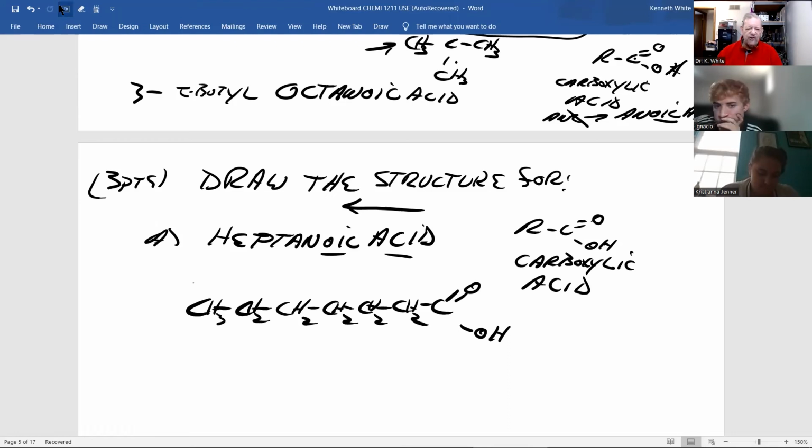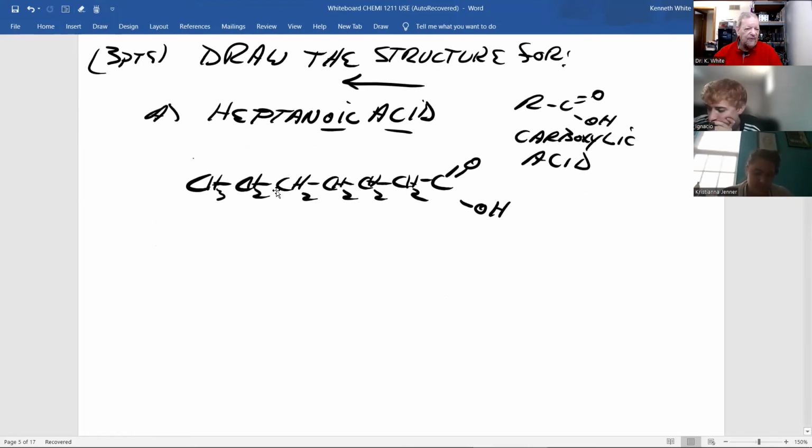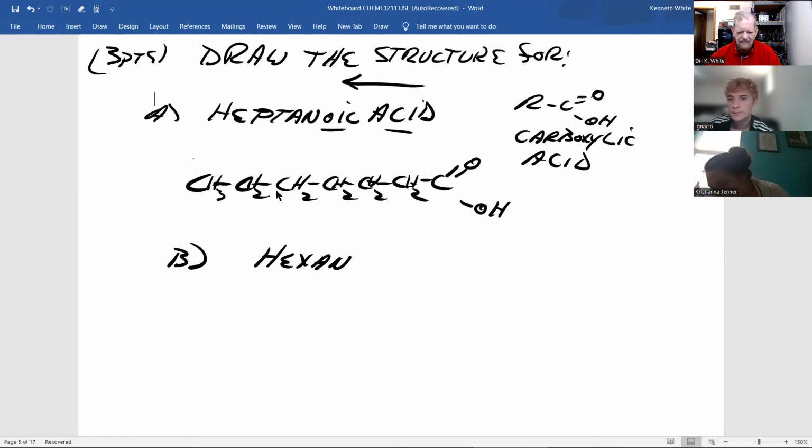And if there were an alkyl group there, I'd put it there. So why don't you draw the following molecule?